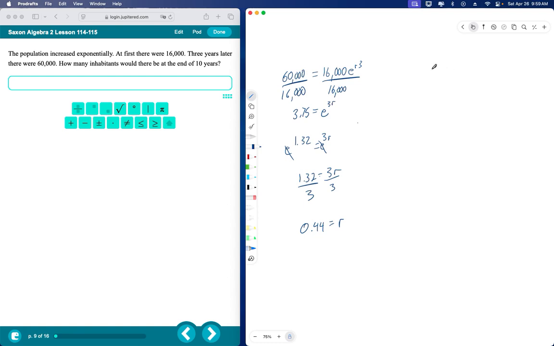All right, so that would be the amount in 10 years is equal to 16,000 e^(0.44×3).